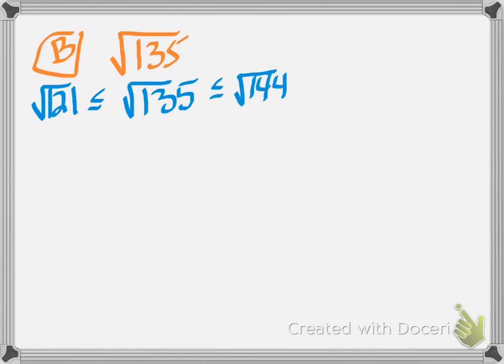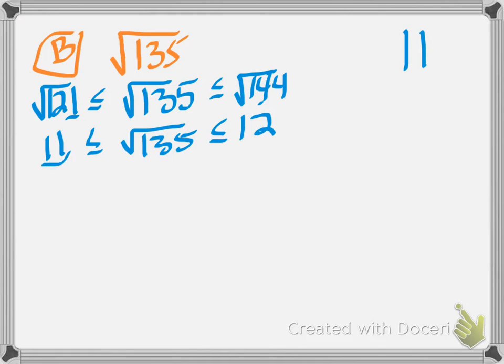So the square root of 135 is between the square root of 121 and the square root of 144, between 11 and 12. 135 is 14 away from 121, and 9 away from 144. So I expect it to be closer to 12 than 11, but we want to estimate it to the nearest hundredth, so we're going to work it out. The answer to our whole number is 11. Remember, we take the lower end.